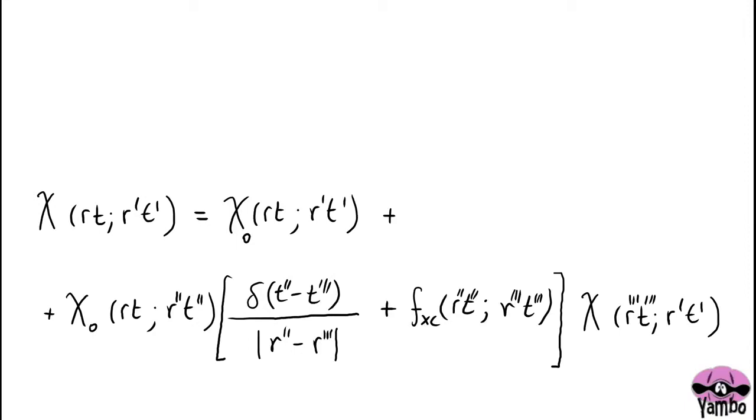So finally we can rewrite it to obtain a Dyson-like equation that links the time-dependent density functional theory response, or, if we set the exchange and correlation kernel to 0, the time-dependent Hartree response, with the independent particle response.